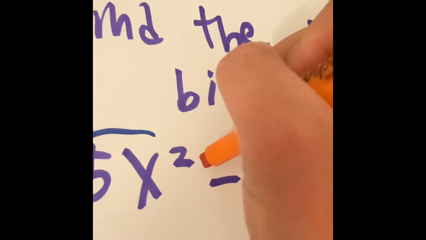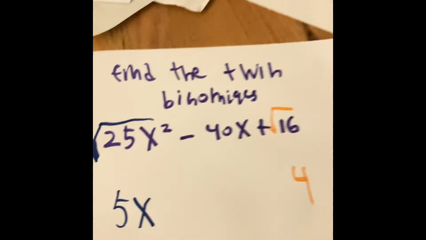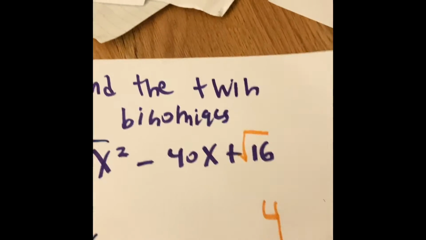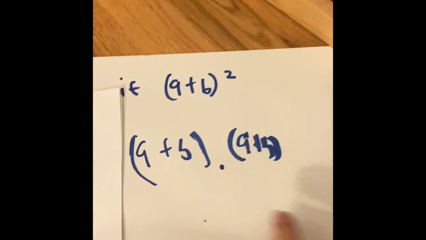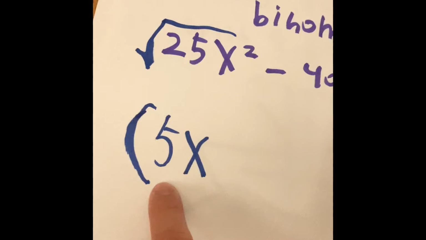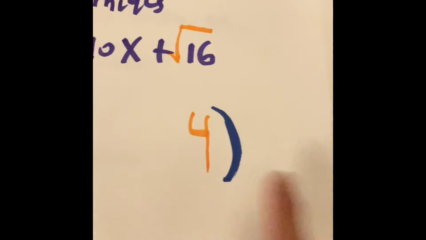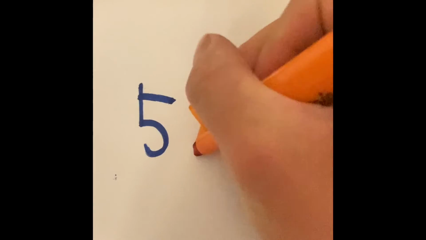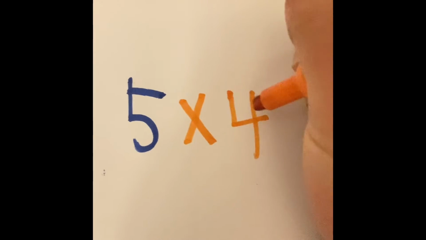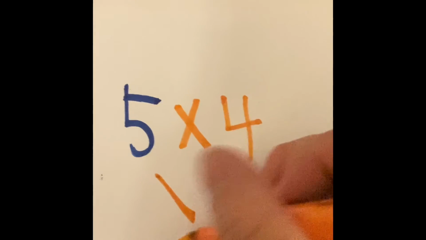We already said earlier in the video that this only works if you have twin expressions. So here is how it's going to work. We have a 5 and a 4. We put 5 right here, not including the x, then we have 4 and multiply them together. 5 times 4 is going to equal 20.